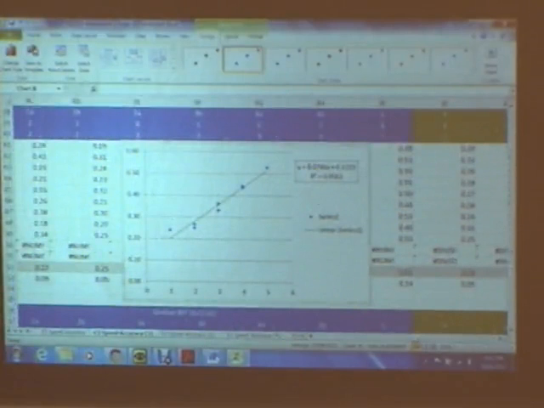This information is important. It defines the mathematical equation behind this line. It tells you that with every one increase in y, you're going to have a 0.0786 increase in x.